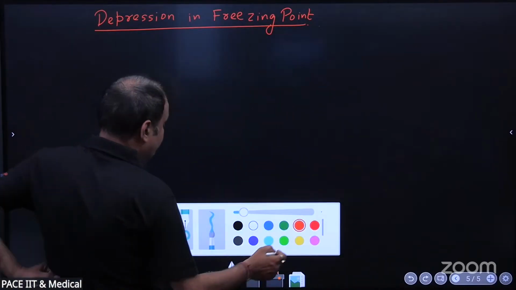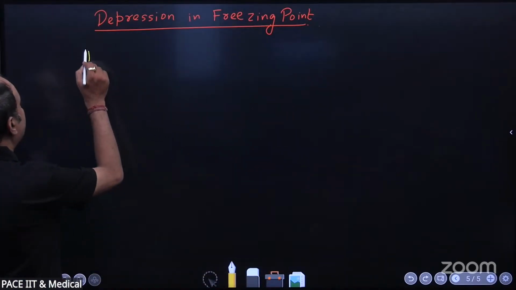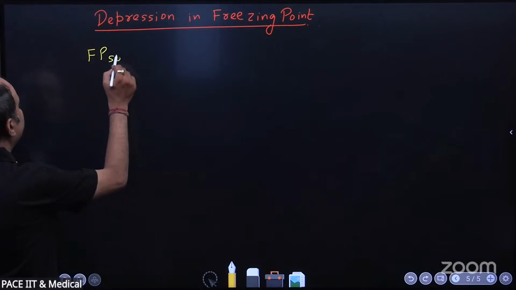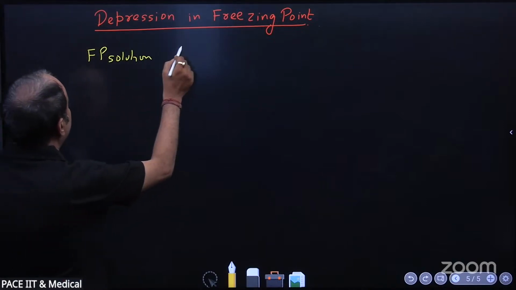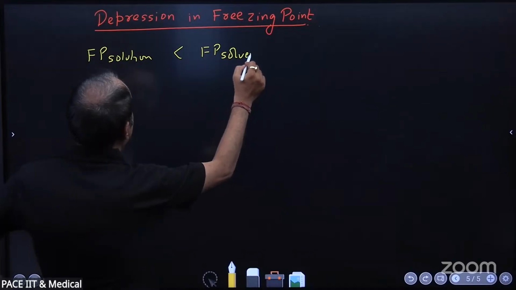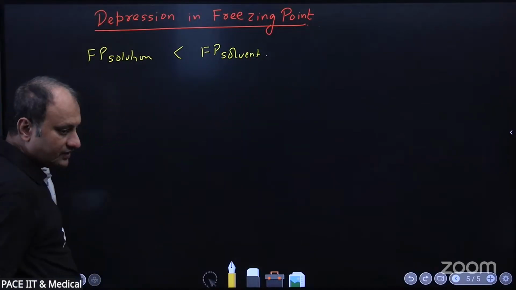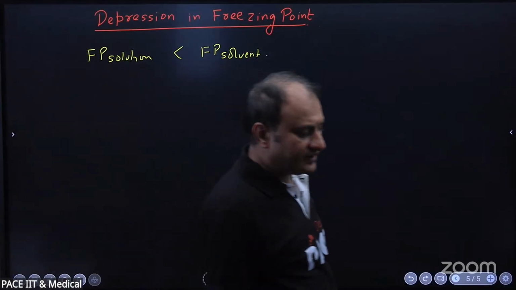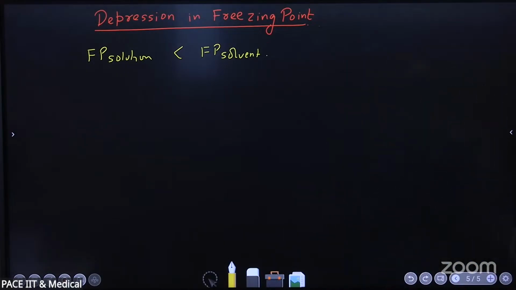Here we are saying that the freezing point of a solution is always less than the freezing point of the pure solvent. Like if the freezing point of pure water is 0 degrees, then if we put salt in water, its freezing point will be lesser than 0 degrees.